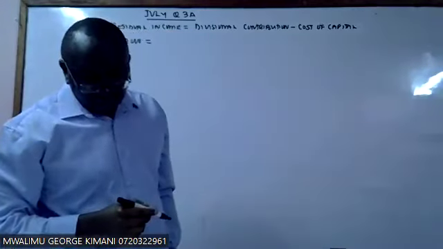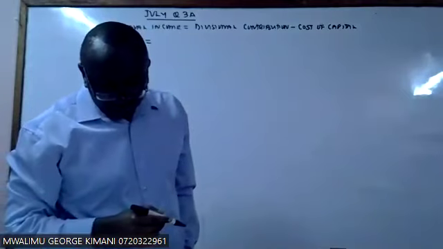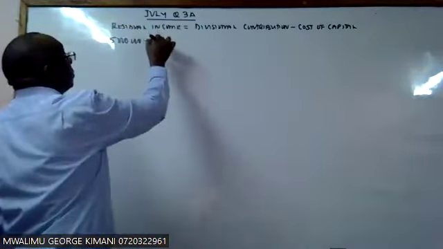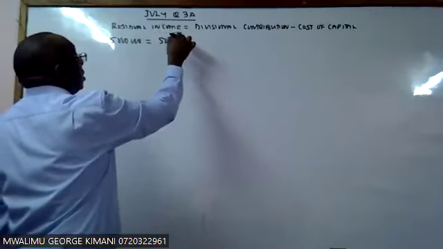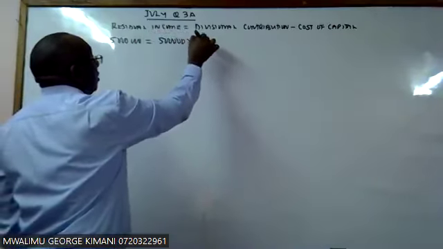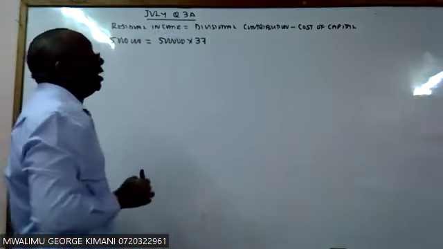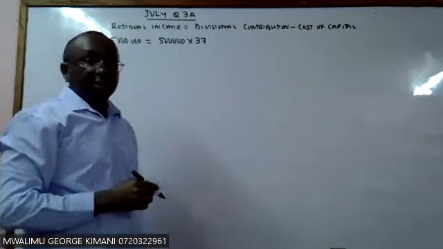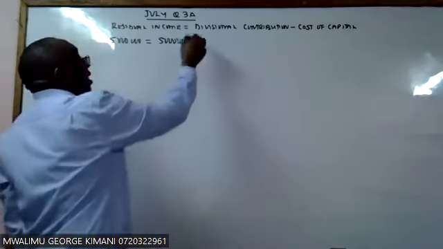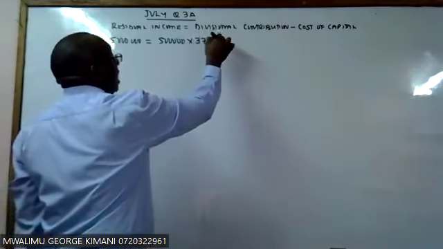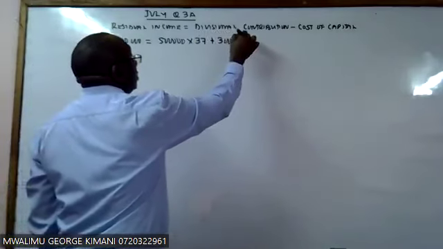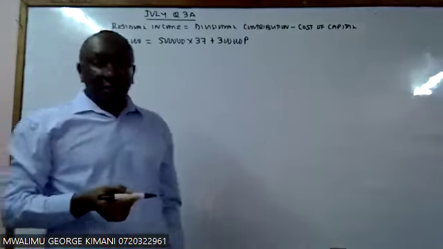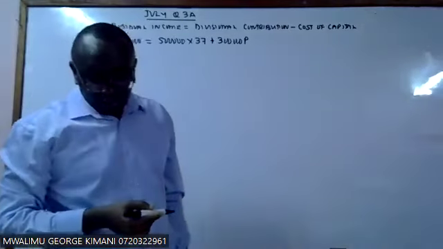So sales is that we are having 500,000 units sold to the external persons, so you multiply by 37. Then the balance, 300,000 units, sold internally at a price P, we can call P the transfer price.